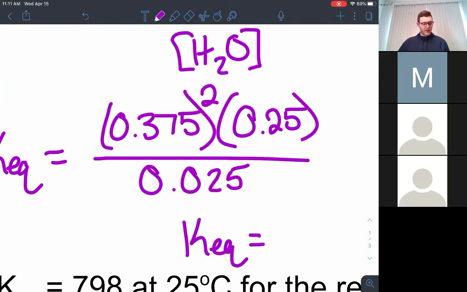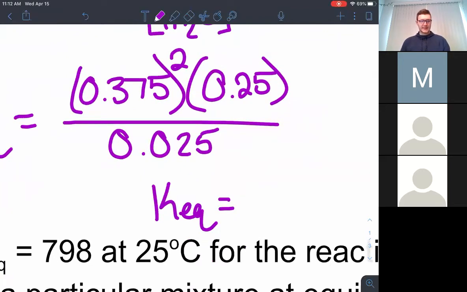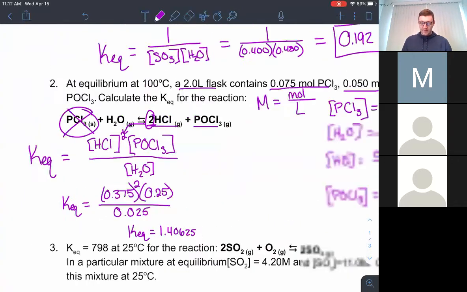Then we plug it all into our calculator. We do 0.375 squared times 0.25 divided by 0.025, and we should get a value of what? Isn't it like 1.40625? Perfect. Now we have to use significant figures.